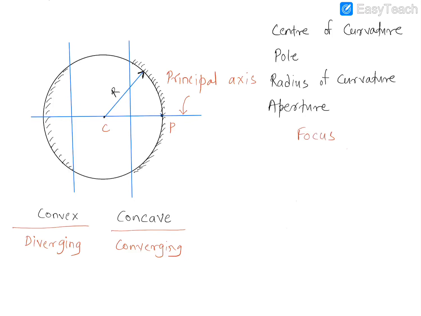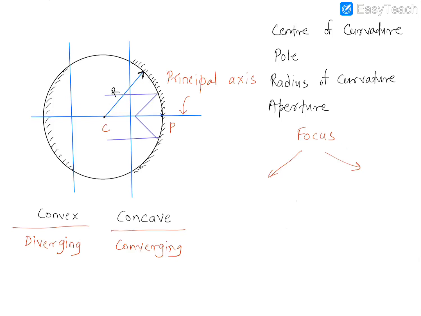Now, the focus is different for different mirrors, meaning a concave mirror and a convex mirror. They both will have a different type of focus. So let's say we have light rays which are coming parallel to the principal axis. After reflection, all these light rays will come and meet at one point.